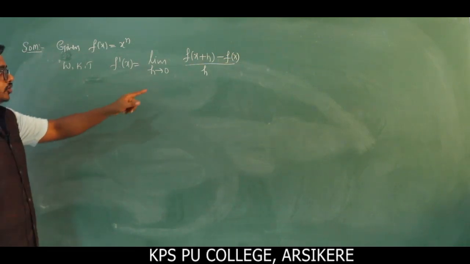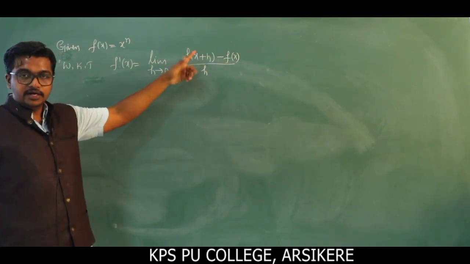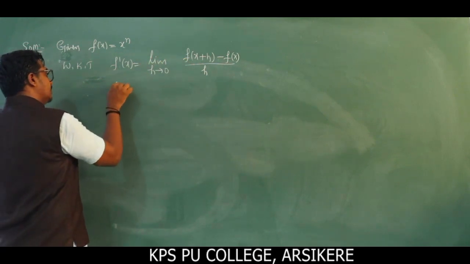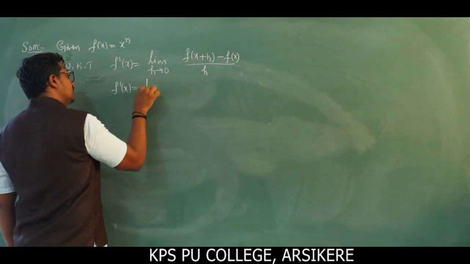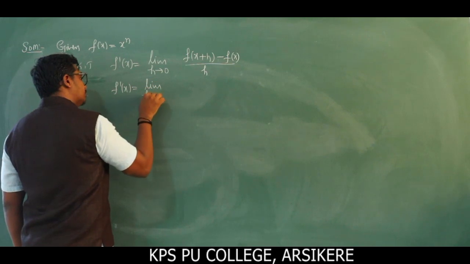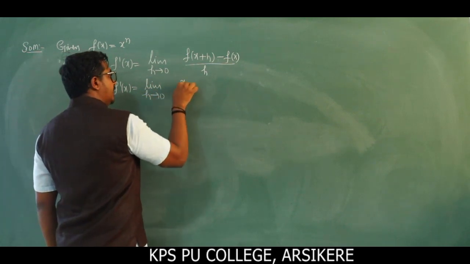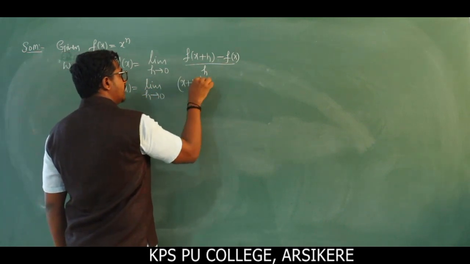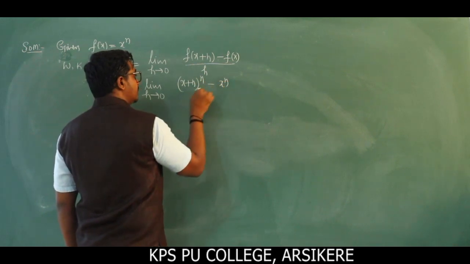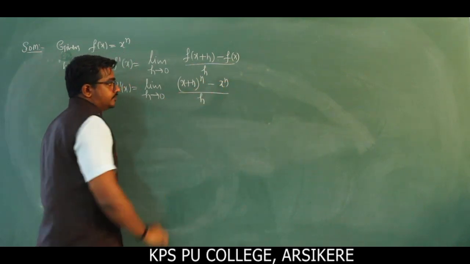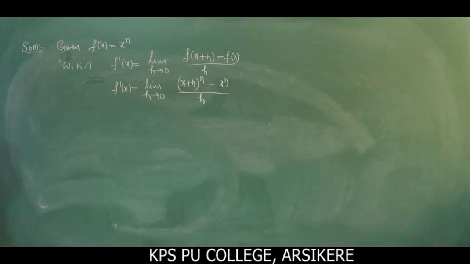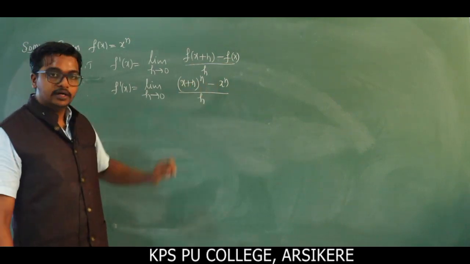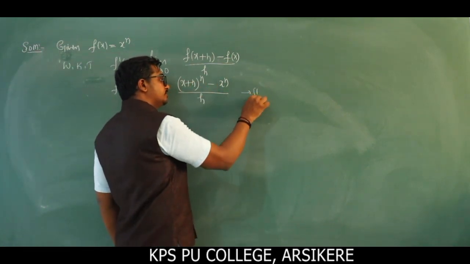Replace x with x plus h in the first term, and the second term as it is. This becomes f dash of x is equal to limit as h approaches 0 of (x plus h) whole power n minus x power n divided by h. Now dear students, we have to find the expression for the numerator. So call this as 1.